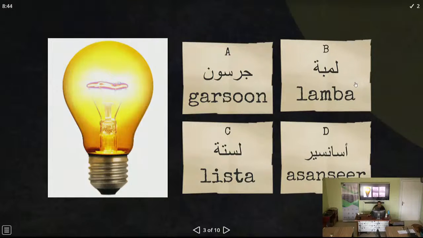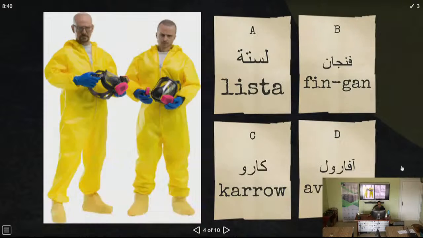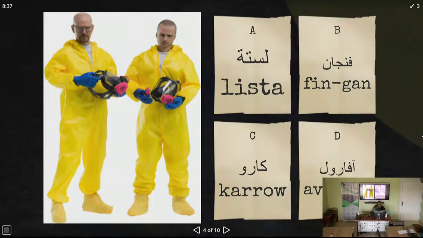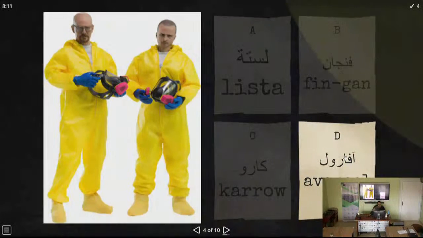Okay, so this is the word lamba of Greek origin. And what about this one? Okay, so this is the word overall. This is how we pronounce it in Egyptian Arabic, and for sure it's from English origin.